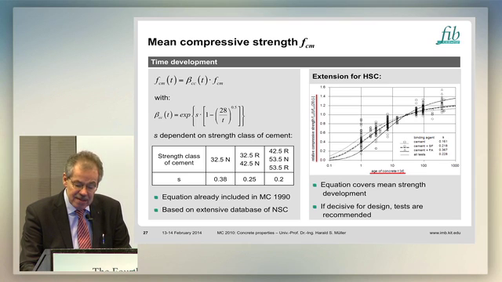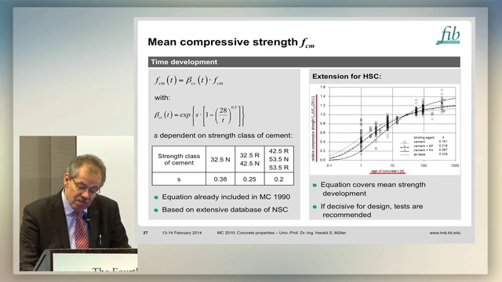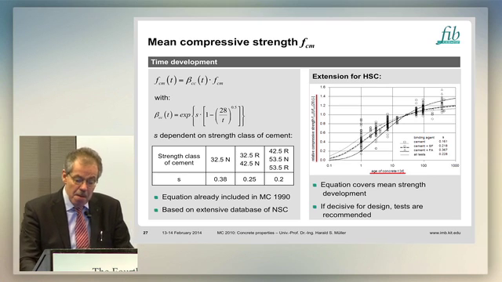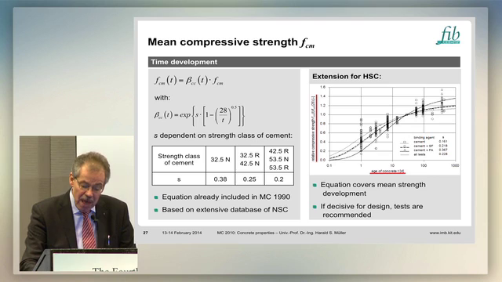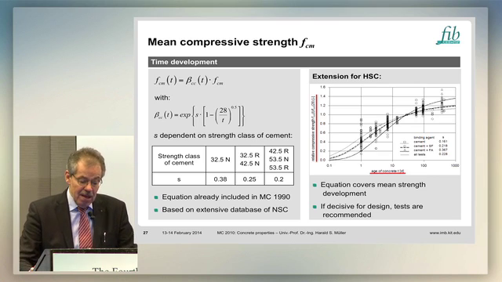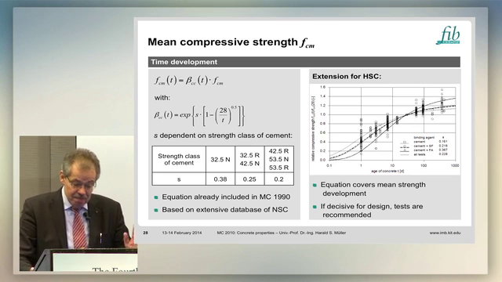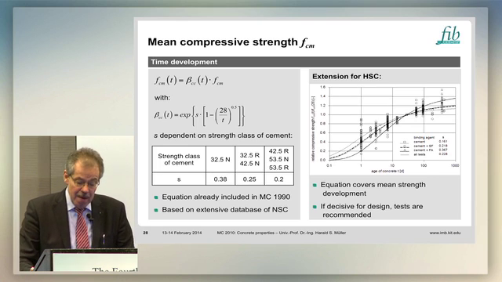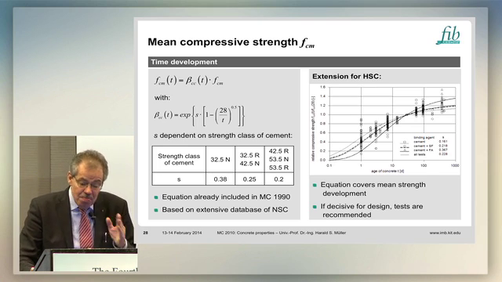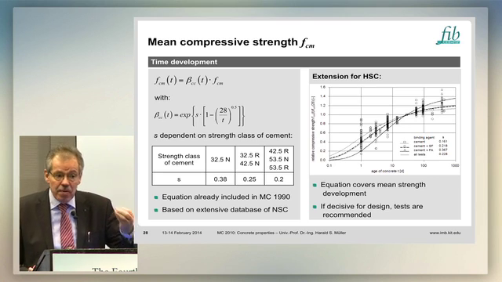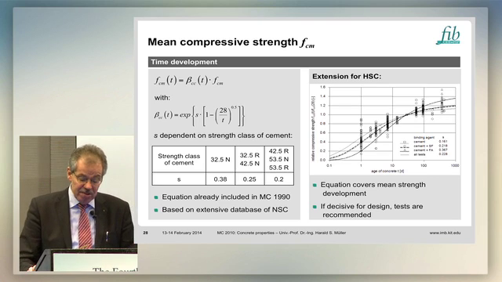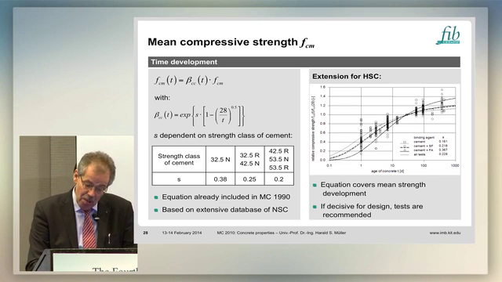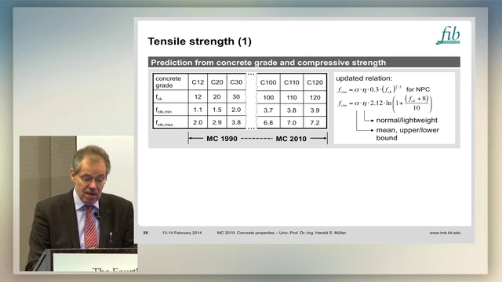And you can see that the formulas which are given in the new Model Code meet the experimental data we had available very well. This is based on an extensive database, and this is maybe also decisive for design, where you need design values and you have no possibility to do some tests. Otherwise, tests are always very good.